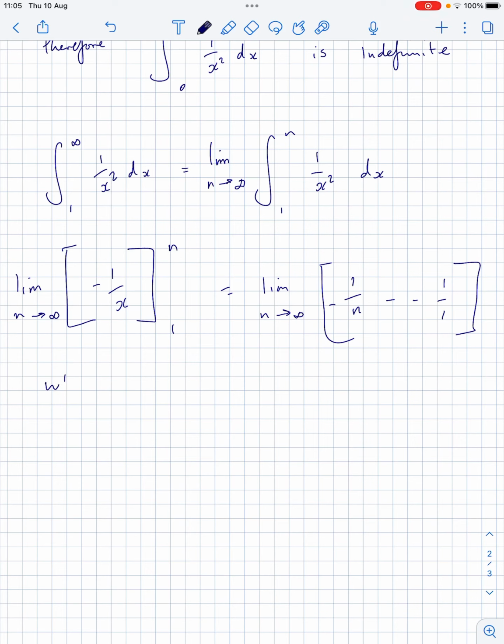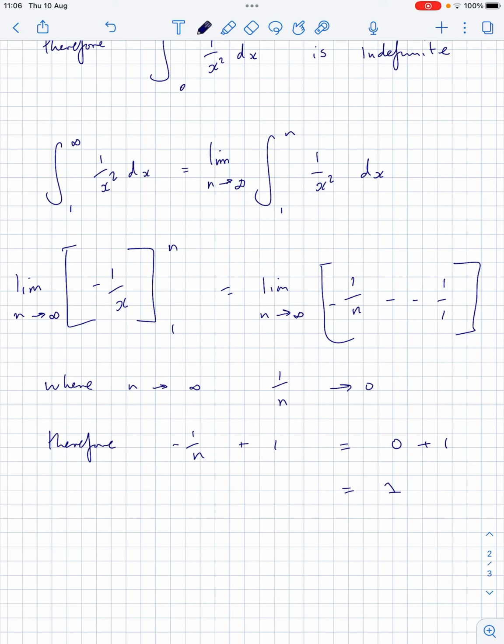So when n tends to infinity, when we divide by a bigger and bigger thing, this tends to 0. So therefore, this expression is going to be 0 plus 1, so that integral is going to be equal to 1.